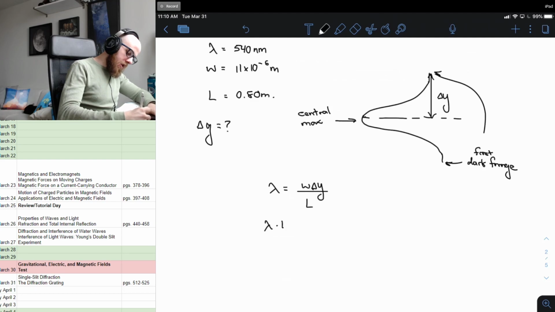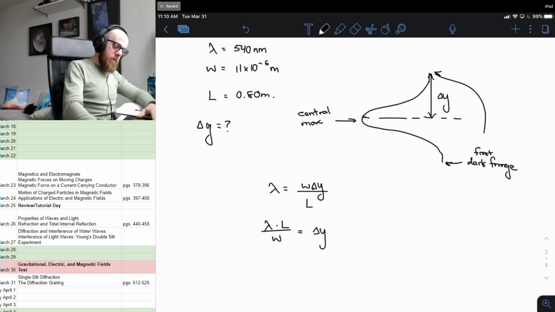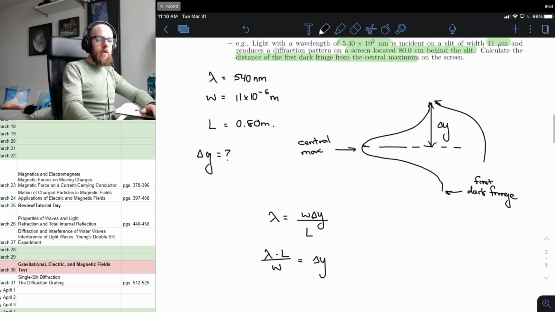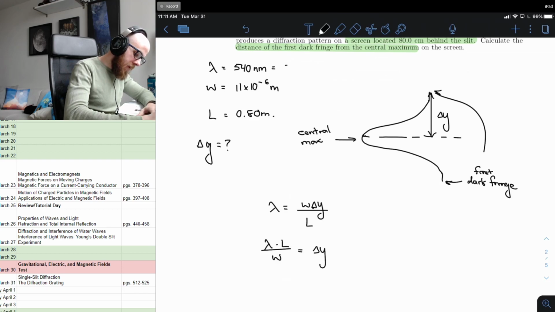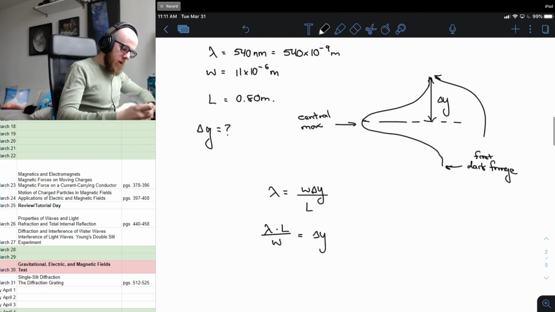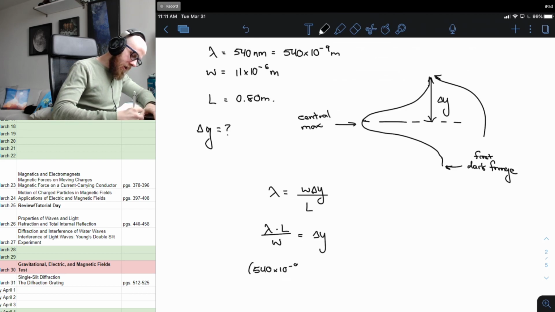So delta y equals lambda times L over W. Now I can plug in, just like you mentioned, Costa, 540 times 10 to the negative 9 meters, times L, which is 0.80, over the width, which is 11 micrometers.